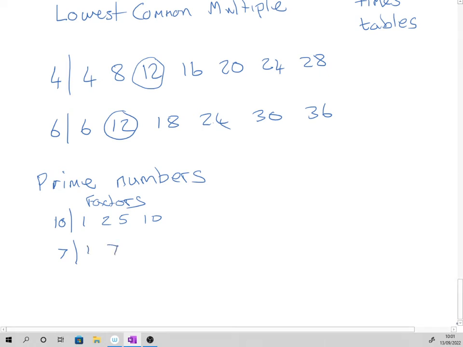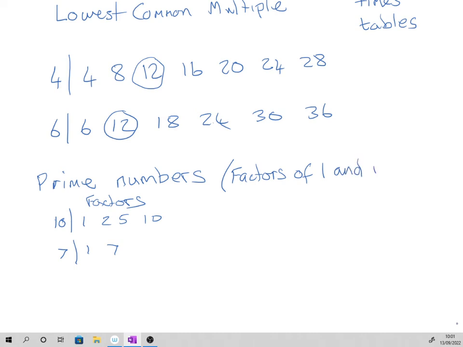Now, because this number 7 only has factors of 1 and itself. Yeah.